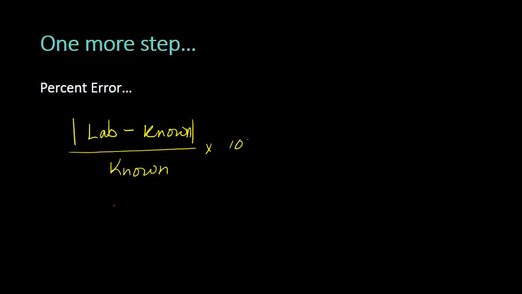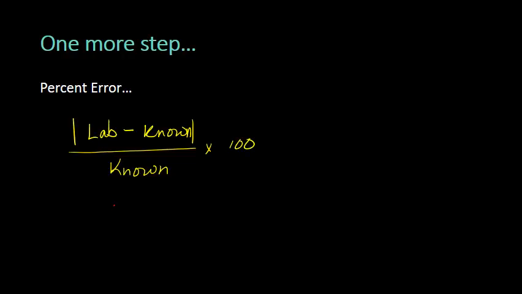The last thing you're going to do is calculate your percent error. The percent error is the absolute value of your lab value minus the known value, divided by the known value, and then, of course, times 100.